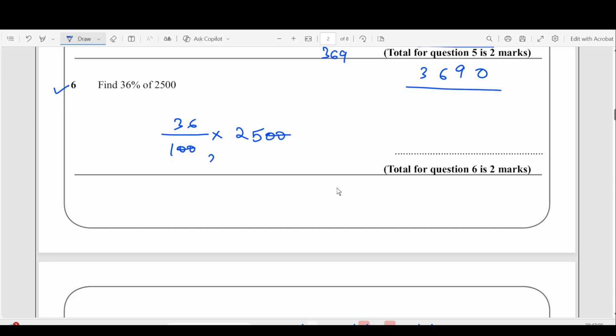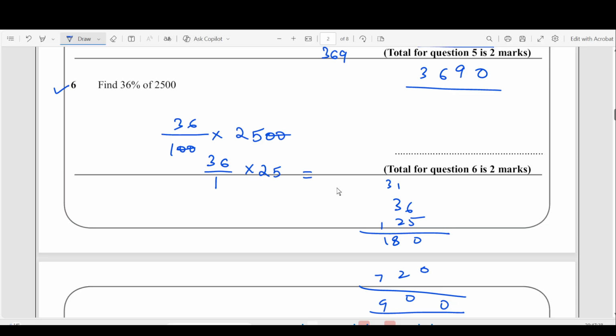You have 36 over 1 times 25. 36 times 25 is 900. Forgot the zero.